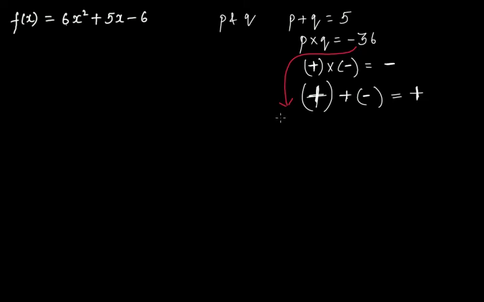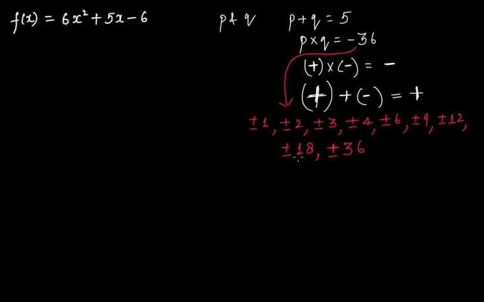So the factors of minus 36 are plus minus 1, plus minus 2, plus minus 3, plus minus 4, plus minus 6, 7 no, 8 no, 9 yes, plus minus 9, 10 no, 11 no, 12 yes, plus minus 12, and then 13 no, 14 no, 15, 16, 17 no, and 18, plus minus 18, and finally you will get it, 19, 20 no, then plus minus 36 only.